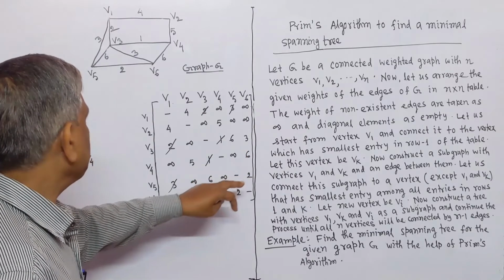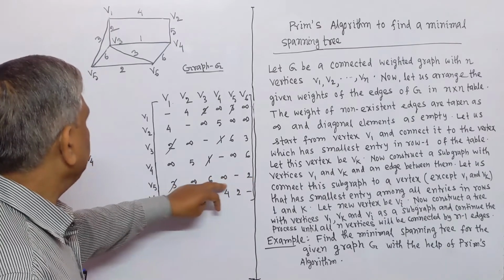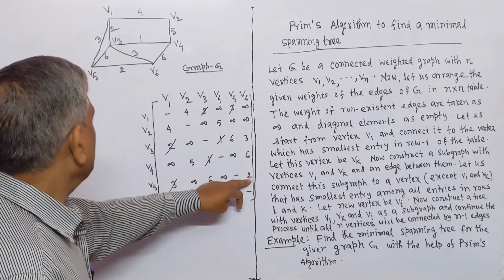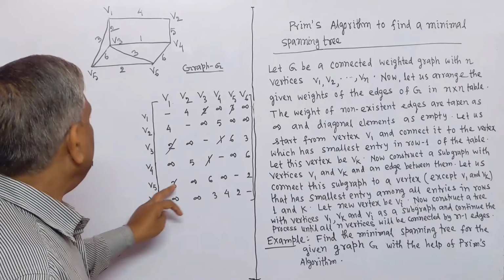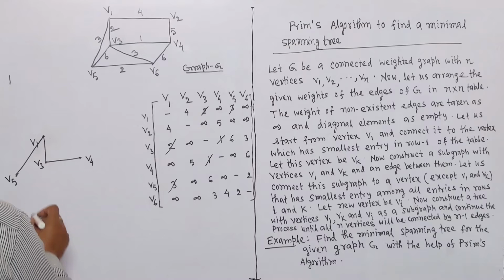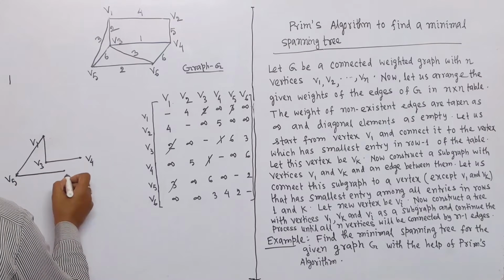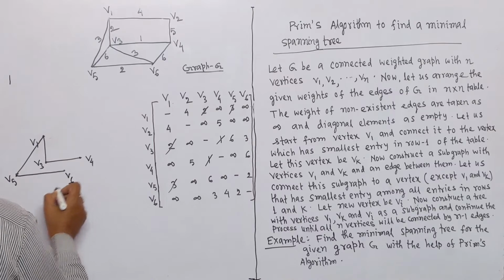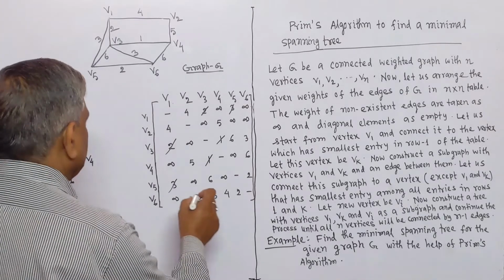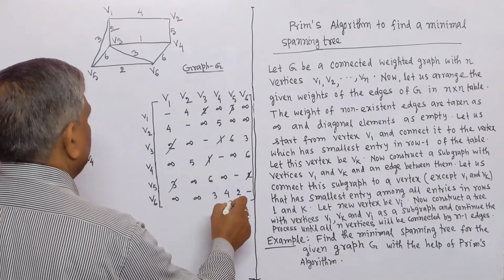Here 3 is less, but here 2 we get in the V5 row. So this is V5, V6. We connect V5, V6. So we cancel this V5, V6, and V6, V5.